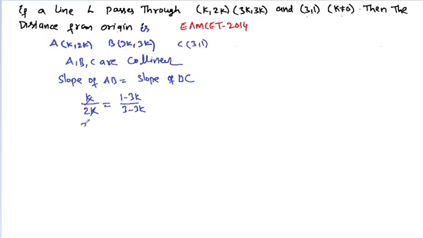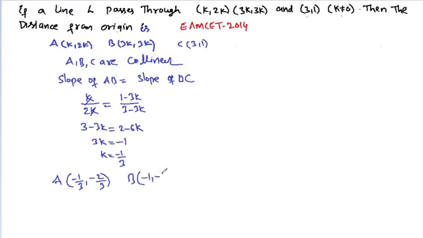Take cross multiplication, that is 3 minus 3k is equal to 2 minus 6k. That is 6k minus 3k, 3k is equal to 2 minus 3, minus 1. K is equal to minus 1 by 3. Therefore the point A is (minus 1 by 3, minus 2 by 3), and the point B is 3k, that is (minus 1, minus 1). And the point C is (3, 1).